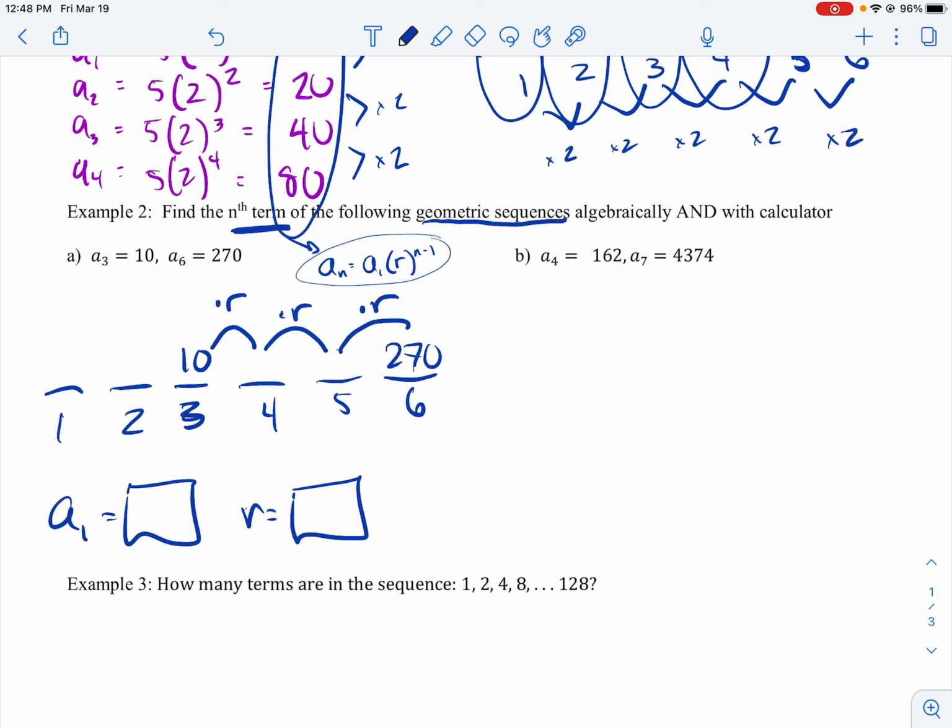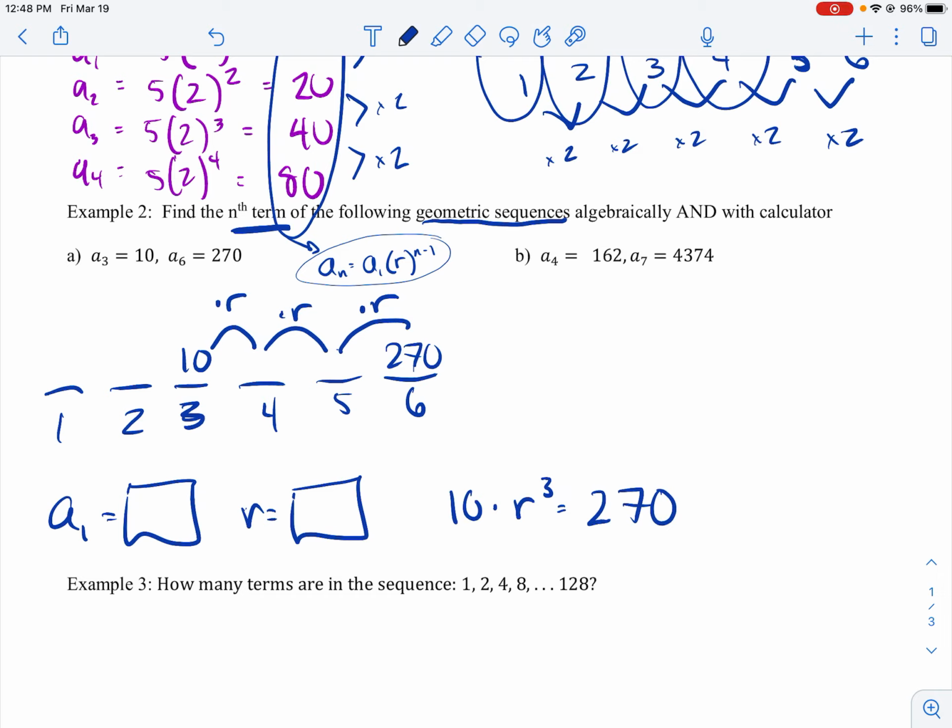Okay, so what this is saying is 10 times r raised to the third power is equal to 270. So this term right here multiplied by r 3 times gets us to 270. Okay, and so we have to think about, all right, how do we solve this?